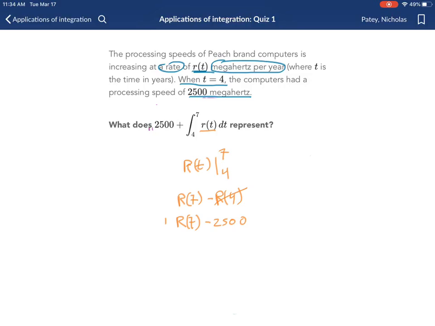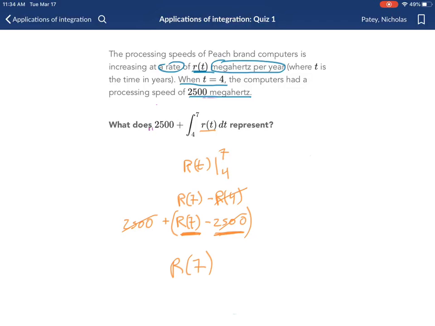If we recap, we're adding 2500 to the integral from 4 to 7. What this integral from 4 to 7 ultimately gives us is the amount of megahertz at 7 and the amount of megahertz at 4, and it subtracts them. So what's the difference of megahertz from 7 to 4? If we simplify this expression even more, these guys cancel out, and we'd be left with R of 7.